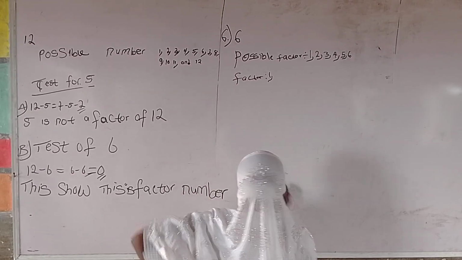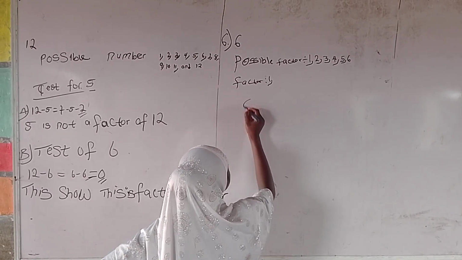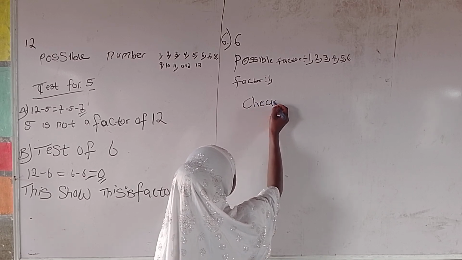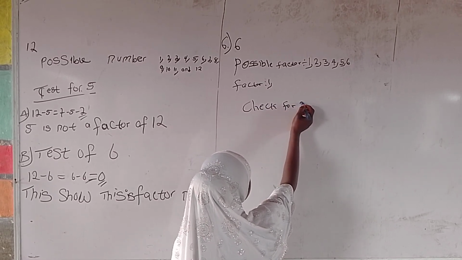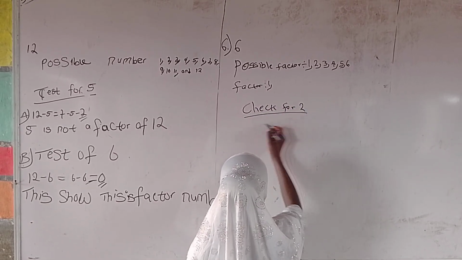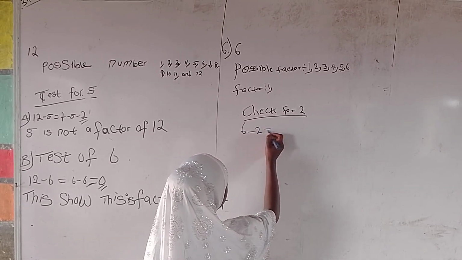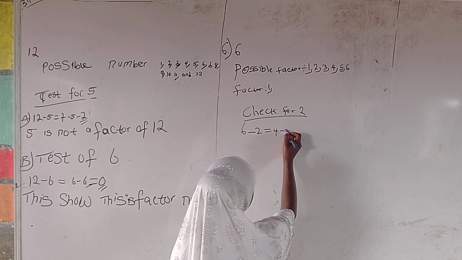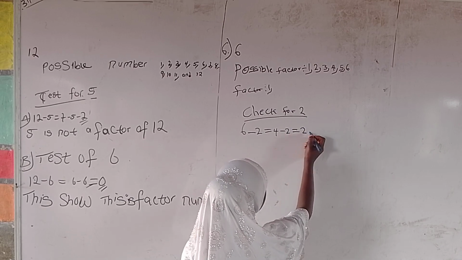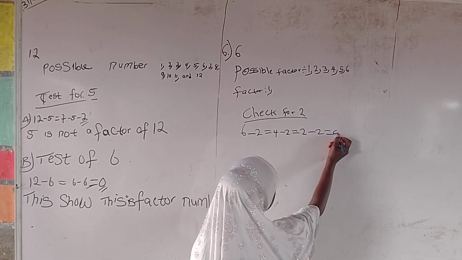Let's check for 2. 6 minus 2 equal to 4, minus 2 equal to 2, 2 minus 2 equal to 0.